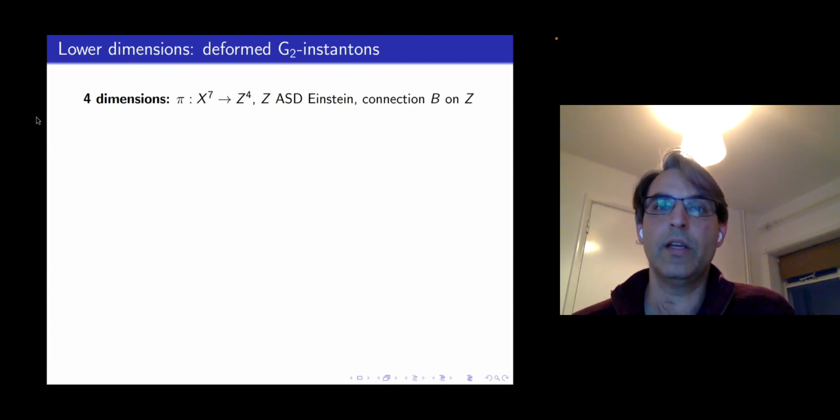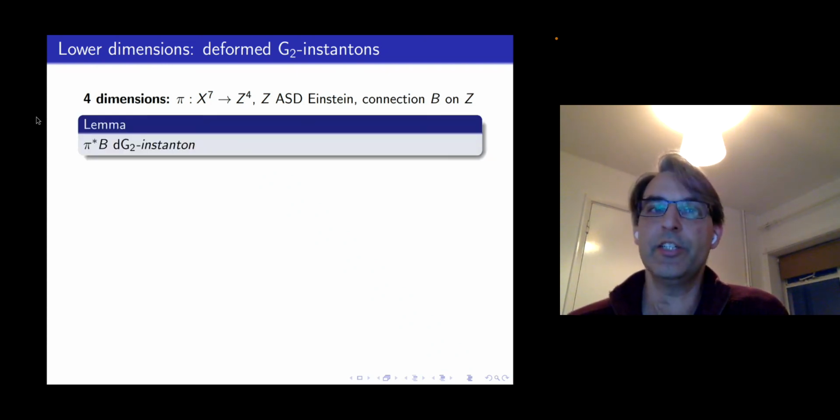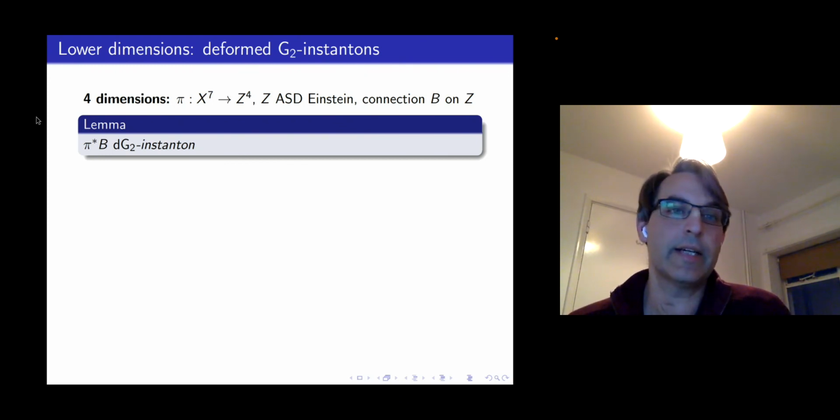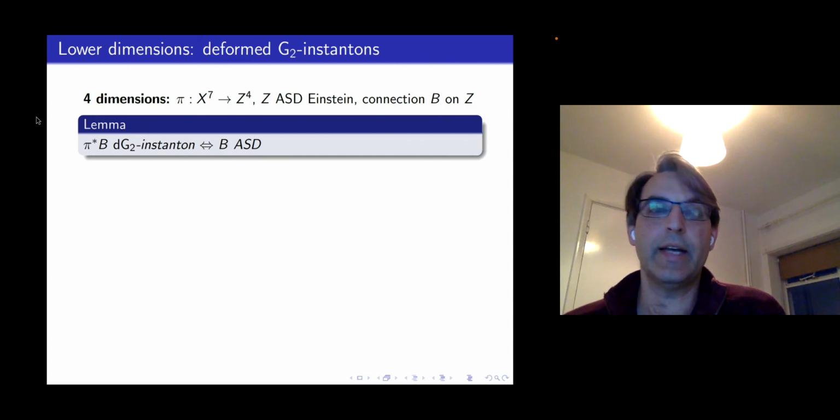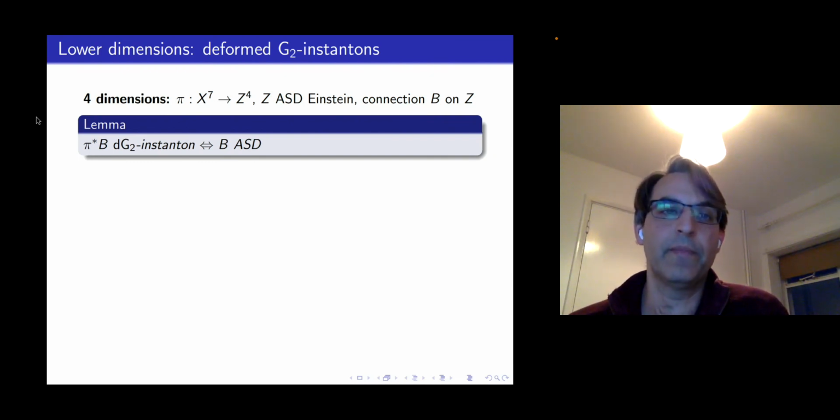And then, if you have a connection B on Z, you can ask, when is its pullback a DG2 instanton on X7? Well, it's exactly the statement that B is anti-self-dual again. So in fact, nothing changes from the G2 instanton case.